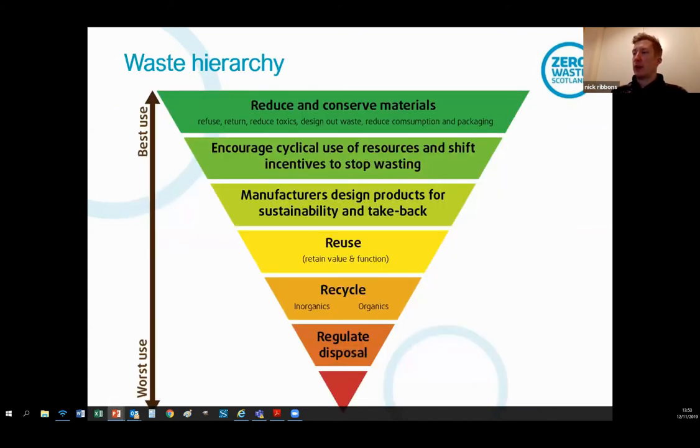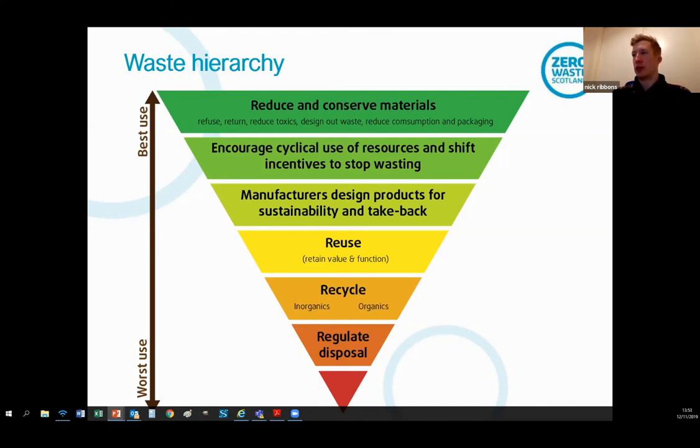And this is what we're talking about, that the highest value and best use is really at the top of the waste hierarchy, where we either don't use something at all, or we use it in such a way that it can be reused, or in turn we reuse something. And then obviously right down at the bottom is disposal. I'd like to try and think that we should change our mindset so that recycling is actually looked at as the least best option, and landfill and disposal isn't even on the table.